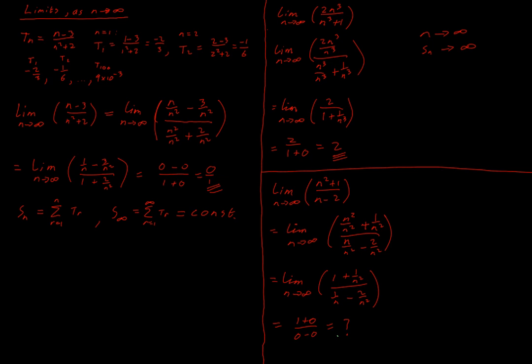You could say that it would end up tending towards infinity, but effectively we say that the limit does not exist, because we end up with this tending towards infinity, so we say the limit does not exist. And that's all we really have to be able to say about this.